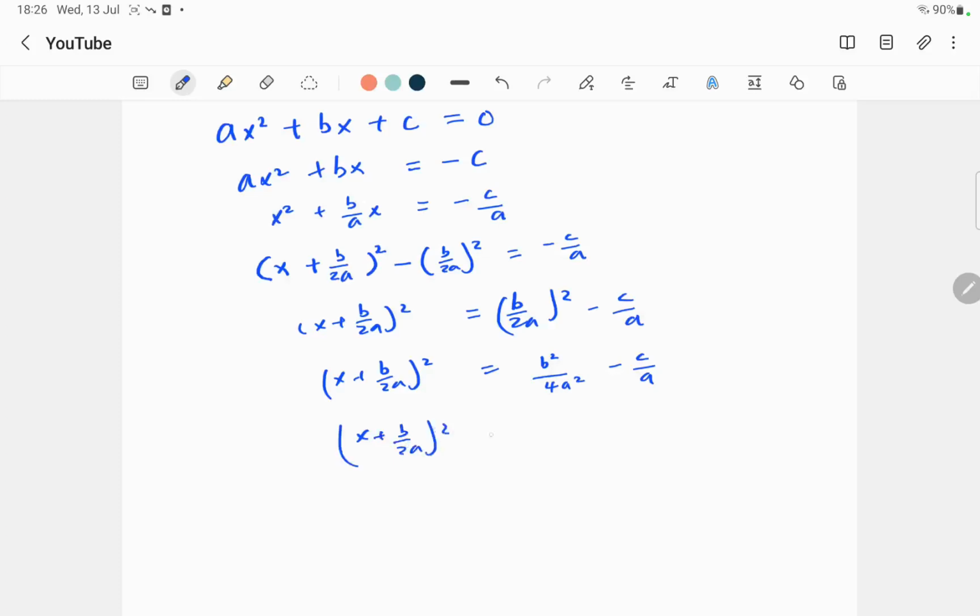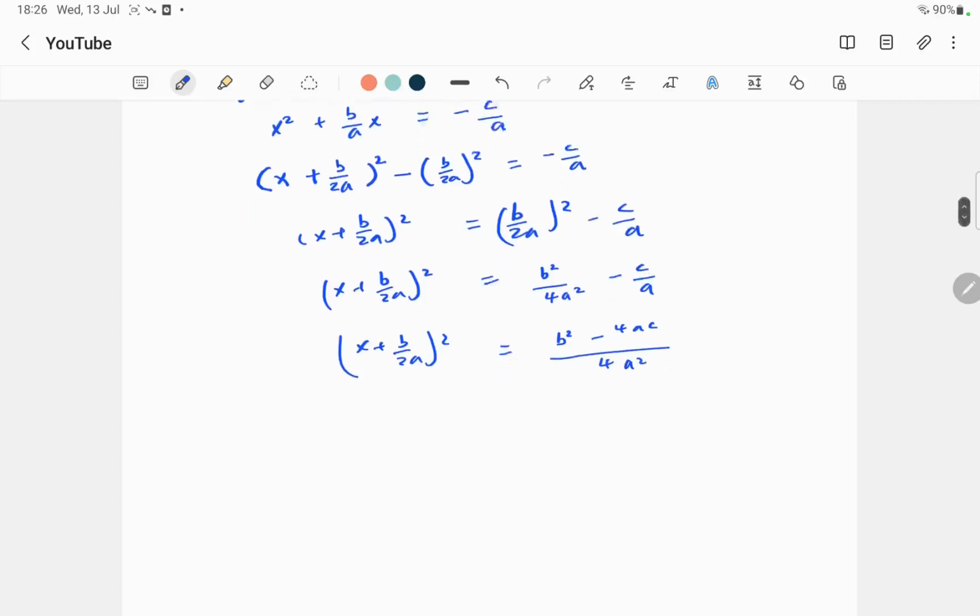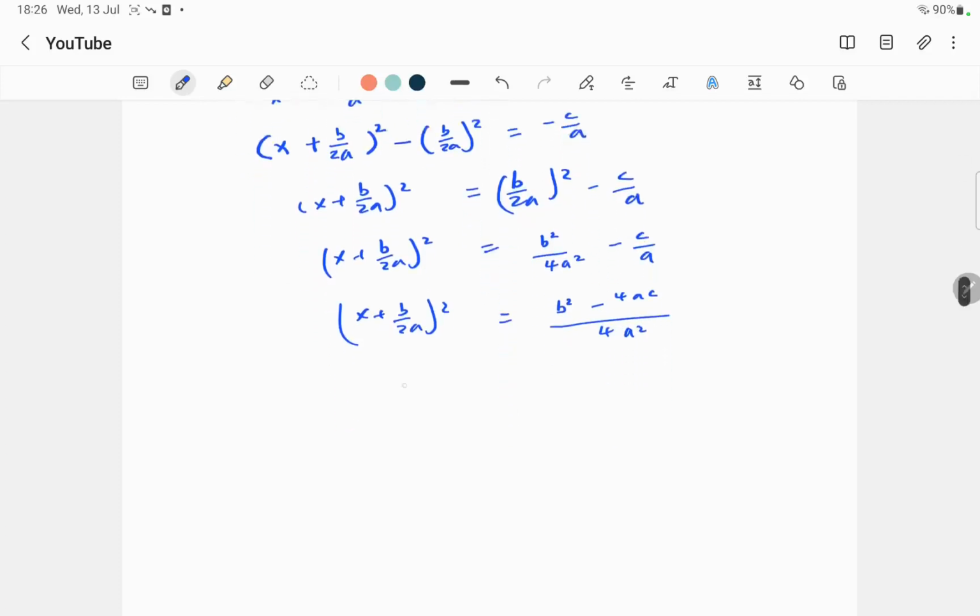We copy everything again. Then we need to change the right hand side to become one term. We are going to achieve it by using cross multiplication: b squared minus 4ac over 4a squared. Then the next thing is we are going to offset the square term on the left hand side.